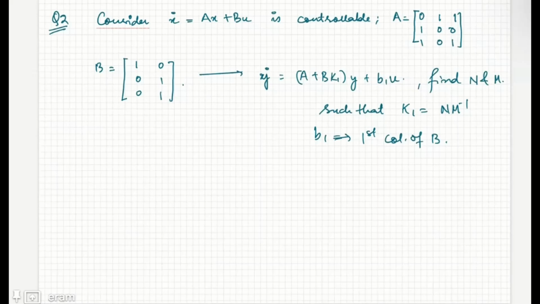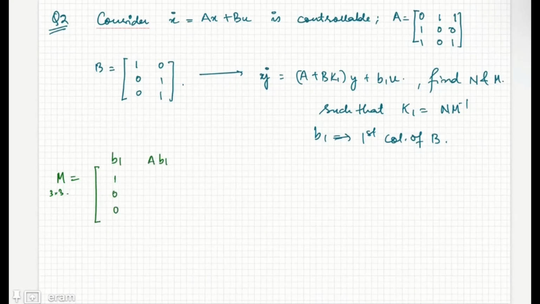Okay, let's solve this problem. Now for this problem, we can again follow the same steps. First, construct the matrix M and let its size be 3 cross 3. The first column is B1, which is 1 0 0.